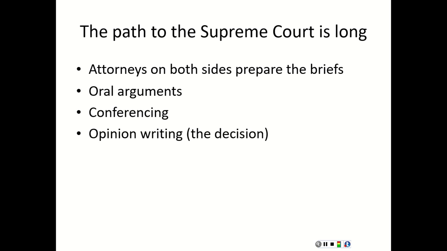The opinion is simply the written explanation of the Supreme Court's decision in a particular case. These written opinions are very important because they set precedent for future cases. This is what all the lower courts are going to have to refer to in the future. So these decisions have to be well written.